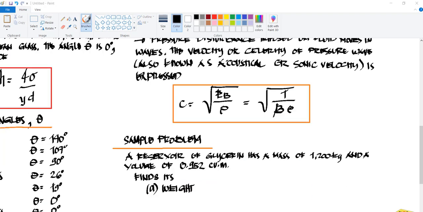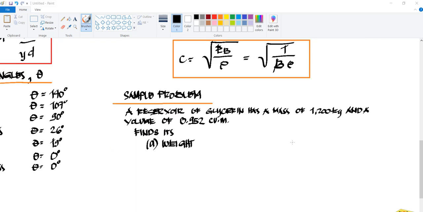Now, sample problem 1. Our reservoir of glycerin has a mass of 1,200 kilograms and a volume of 0.952 cubic meter. Find its weight. For the solution of weight, this is basic from your physics.